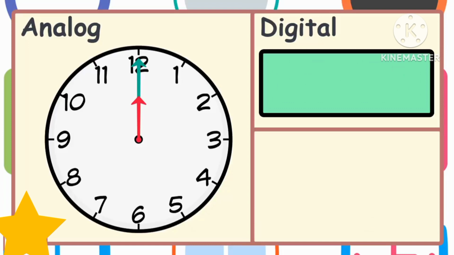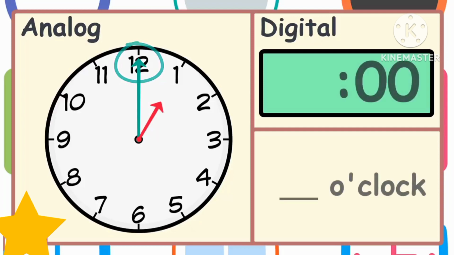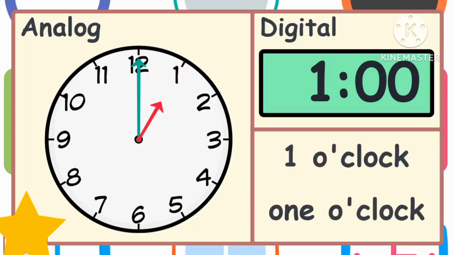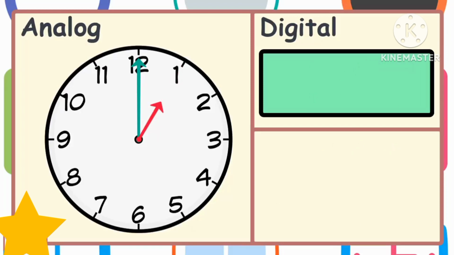Okay, so since there are 60 minutes in 1 hour, let's have a look at what happens when the minute hand moves around the clock. The minute hand is pointing to 12 and the hour hand is pointing to 1. So the time is 1 o'clock.